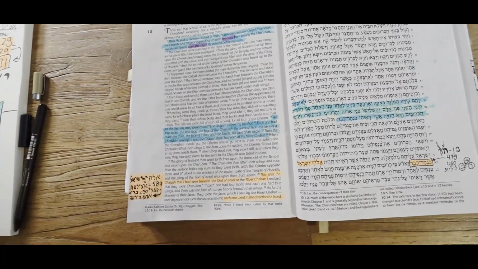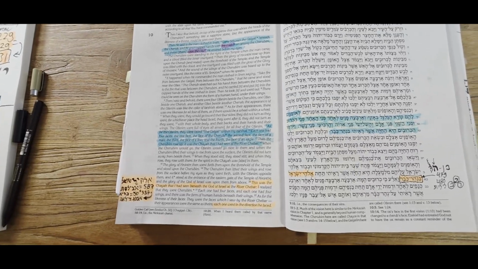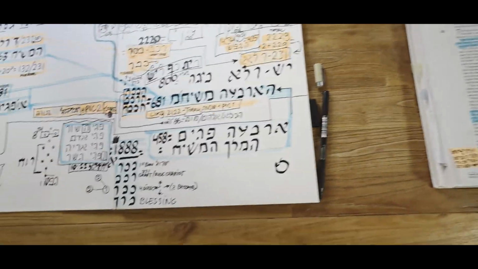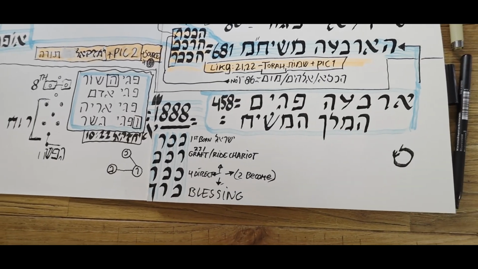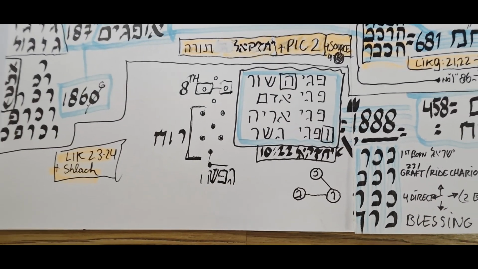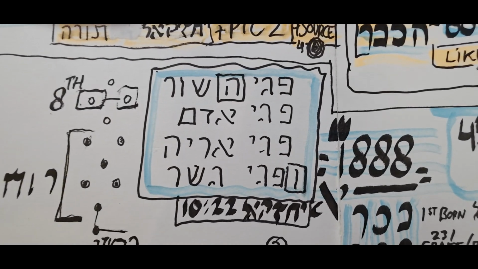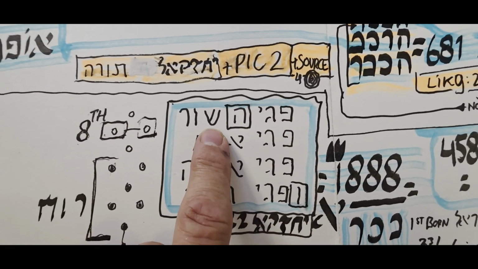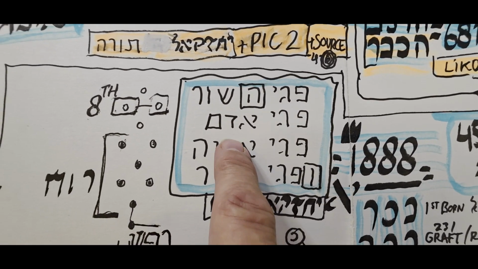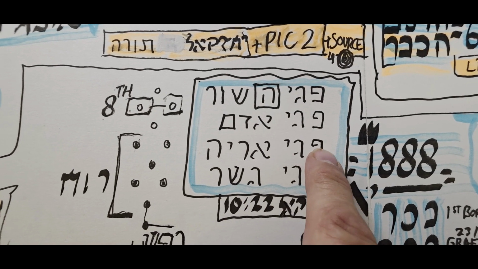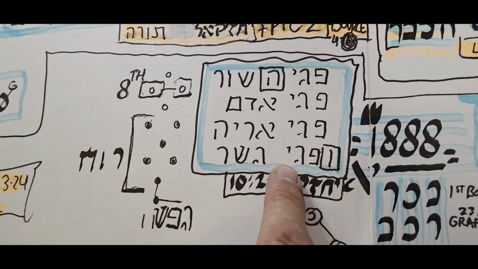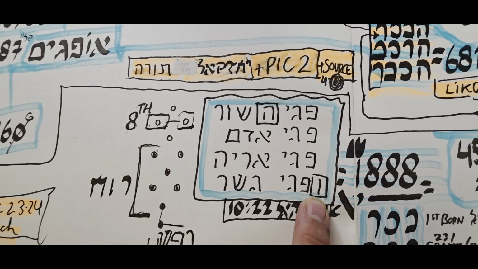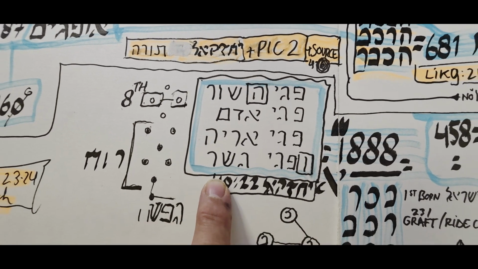It's very interesting to see all these connections. Let's go through it immediately, because I wrote down Pnei Hashor, the face of the ox, Pnei Adam, the face of man, Pnei Aryeh, the face of a lion, and Pnei Nesher, the face of the eagle.